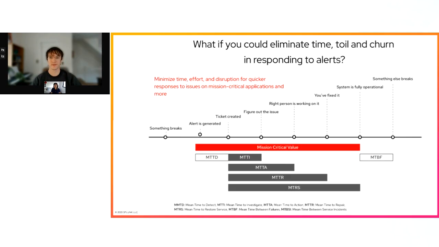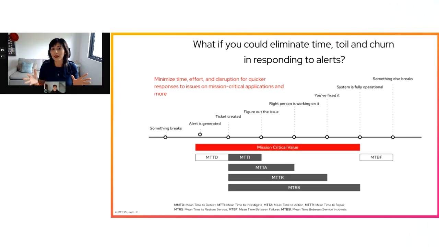Let me go through this, because I think it summarizes the value that you get with integration, right? Basically, the challenge here is not only that there is an incident or that something breaks, but what do you do after that? And most of the idle times are not from the moment of something breaks or you get the alert or you get a ticket, but also figuring out the issue, the right person working on it, then the troubleshooting, the triage, and then to get this system fully operational.